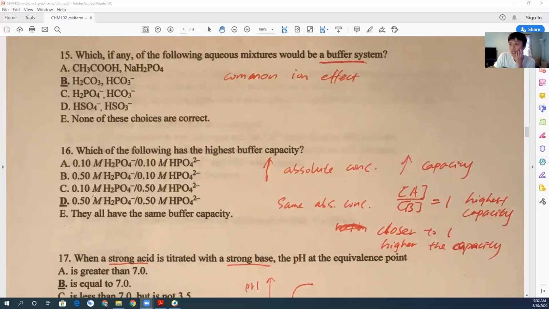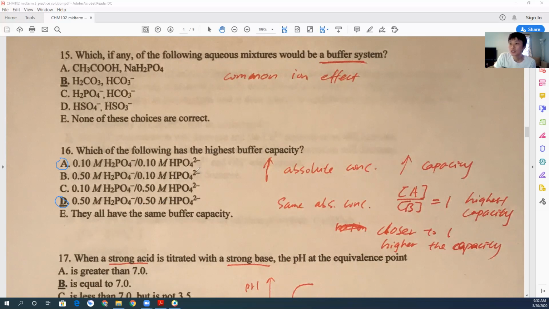A good example is if you compare A and D. They have the same ratio of the acid and the base, the same concentration ratio, but for D, the absolute concentration is higher. So the higher the absolute concentration, the higher the buffer capacity.